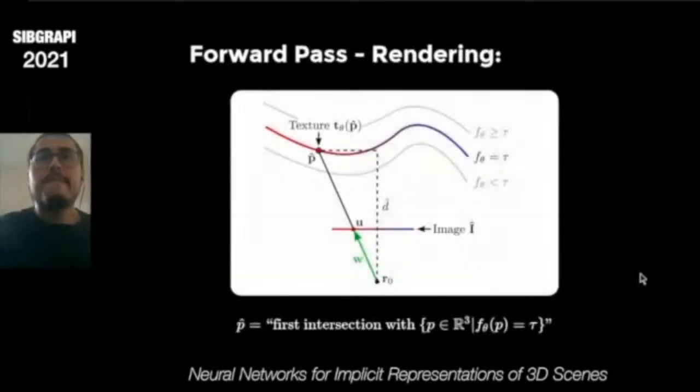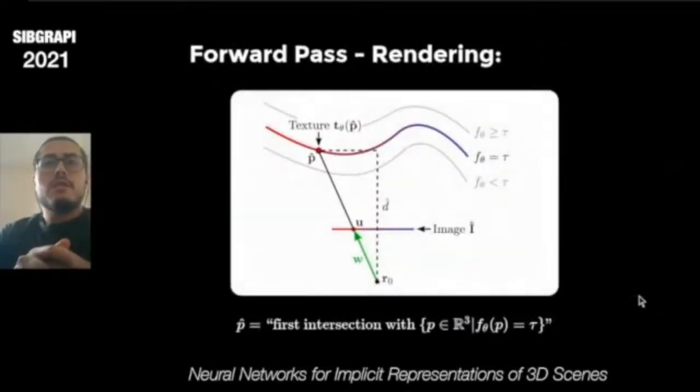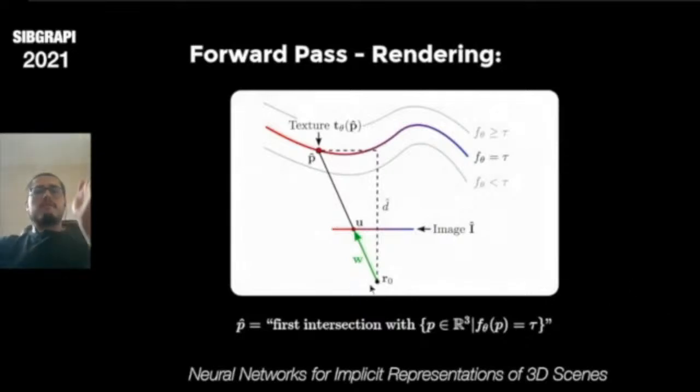Okay, now how does this process work? Let's go first through the forward pass, so how the rendering occurs. The rendering is: you have a ray that goes through your camera position into the image, and you want to know what is the color in this pixel u here.